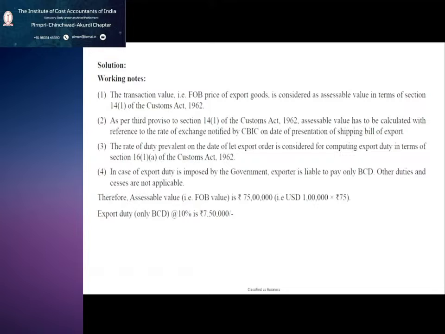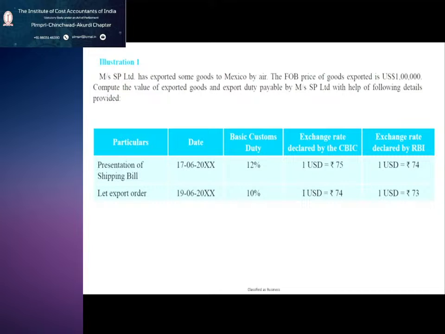So these are the basic conditions and basic things which we will be taking to other problem solving also. The major thing we should remember here is which exchange rate we should consider. It is the exchange rate declared by the Central Board of Excise and Customs, but whether it is the presentation of shipping bill or the LET export order, there again we might get confused. It is always the presentation of shipping bill.